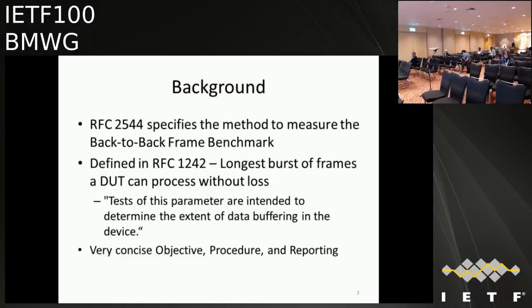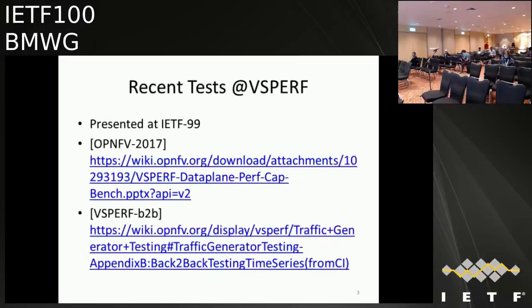So when I looked at this testing in the context of testing V-switches in the OPNFV V-switch performance project, we made some measurements of this benchmark, and the results are basically shown in these two links, two references.